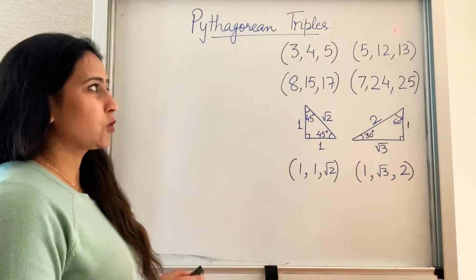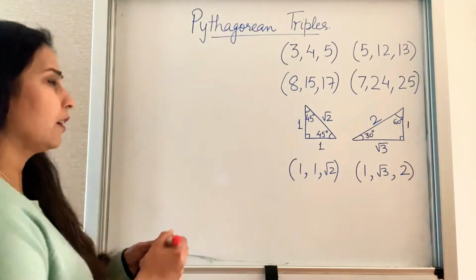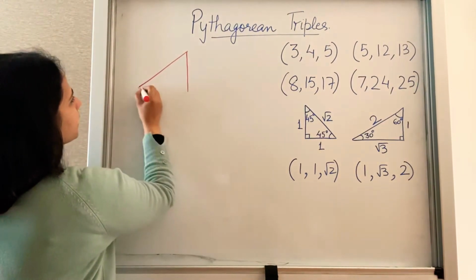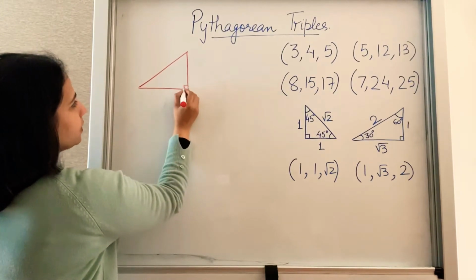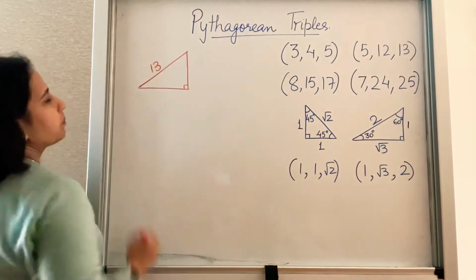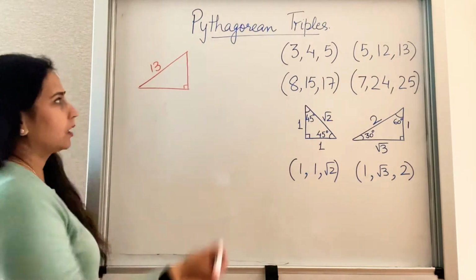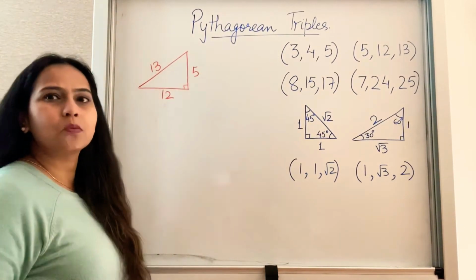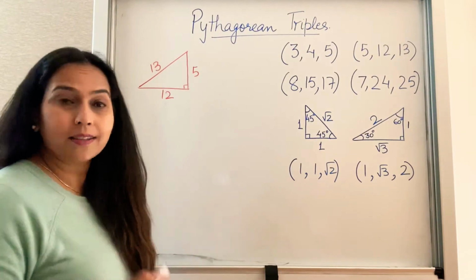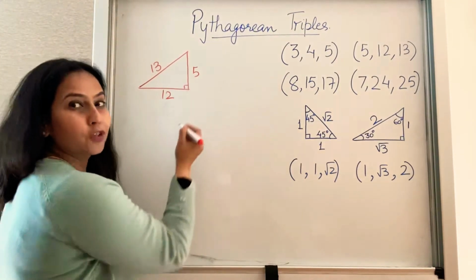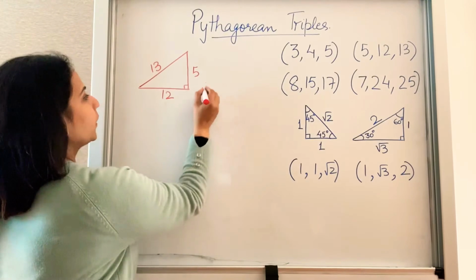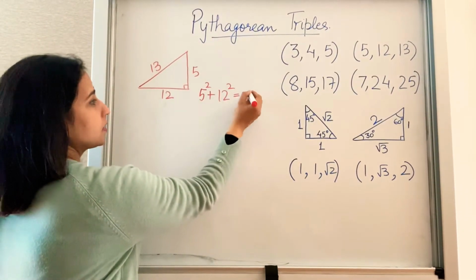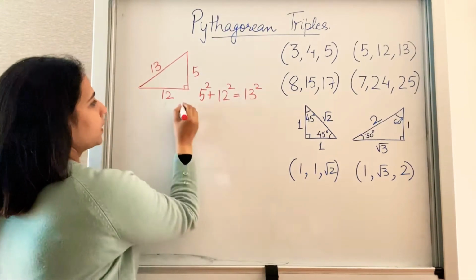So let's try 5, 12, and 13, and see if it satisfies the Pythagoras theorem or not. The longest side, as we know, is always opposite to the 90 degrees, so it's 13 here. And then you can take 5 and 12. The theorem says that the sum of the squares of the two shorter sides, 5 squared plus 12 squared, should be equal to 13 squared. Let's proceed with the left-hand side.